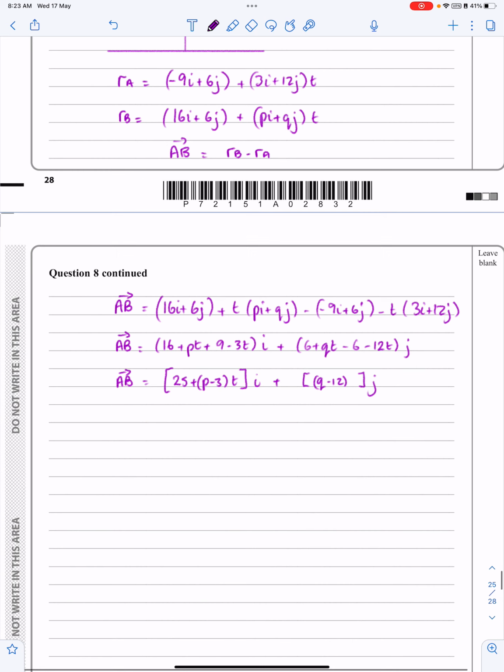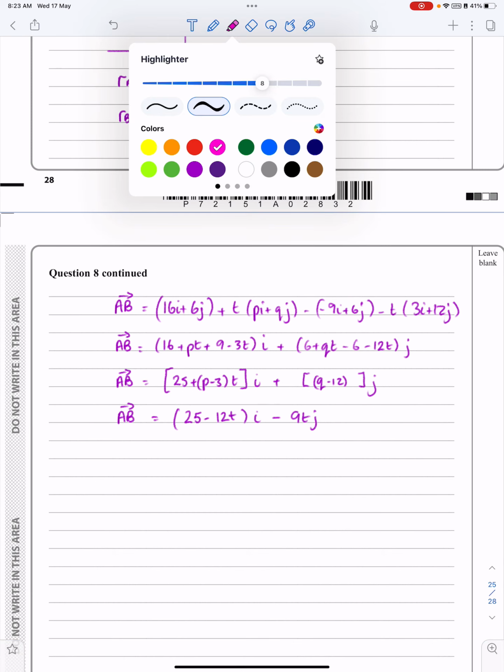And now what I can do is make the comparison with what they told me AB was. They told me in the question that AB was 25 minus 12t i minus 9t j. Oh, brilliant. That means I can work out p and q. Really straightforward.